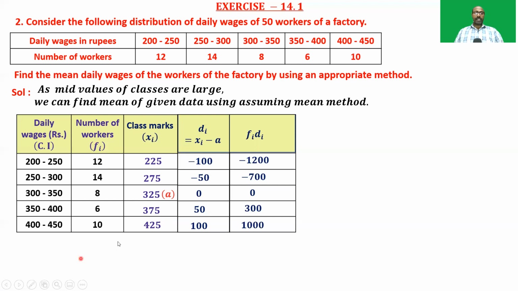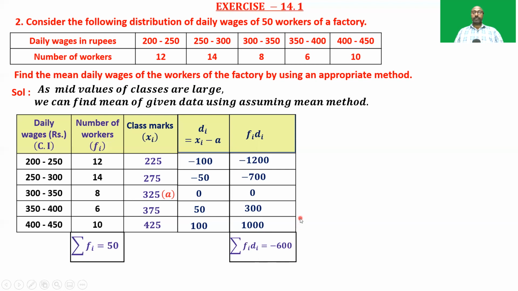Now the sum of fi is given by sigma fi is equal to 12 plus 14, 26, plus 8, 34, plus 6, 40, plus 10, 50. That is, sigma fi is 50. And the sum of fidi, sigma fidi, is equal to minus 1200 minus 700, minus 1900, plus 300, minus 1600, plus 1000, minus 600. So sigma fidi is minus 600.